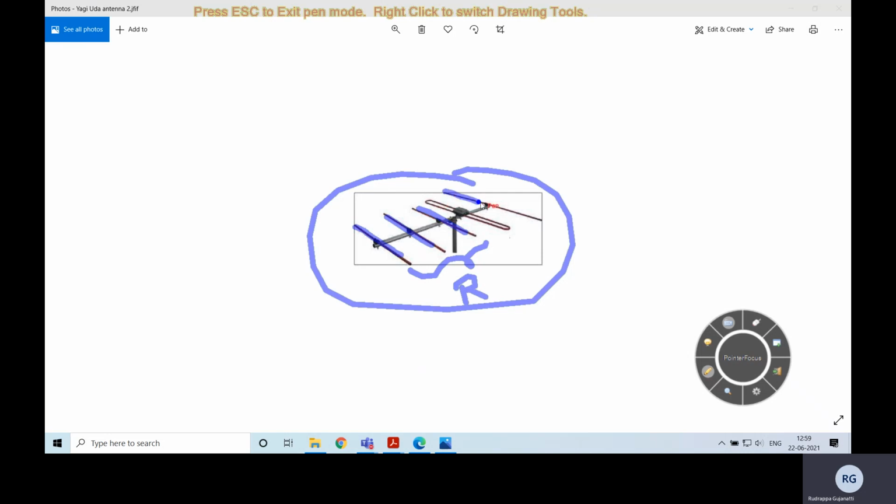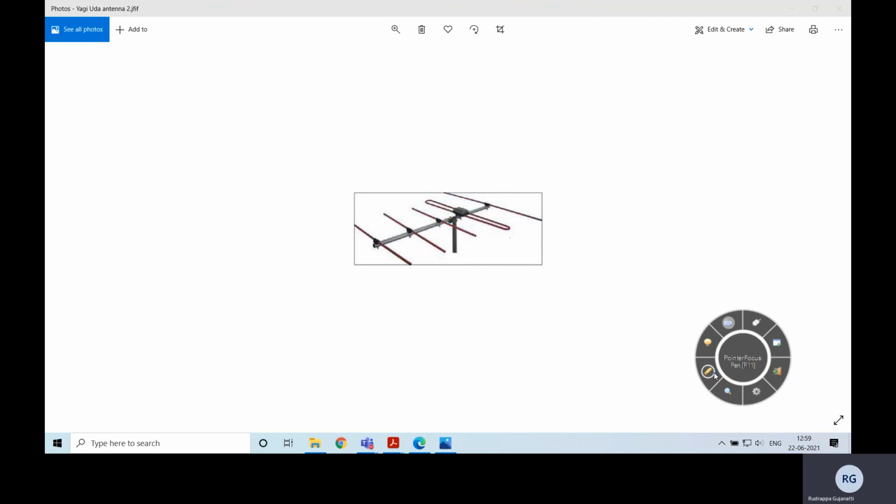And there is another rod-like element at this end. These are the directors. This is the reflector. And this hanger-like structure we are observing is the lambda by 2 dipole, or sometimes we term it a folded dipole. This is the folded dipole, or the driven element.